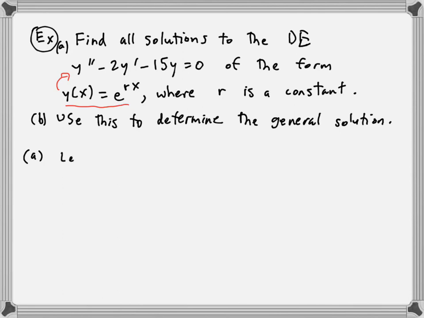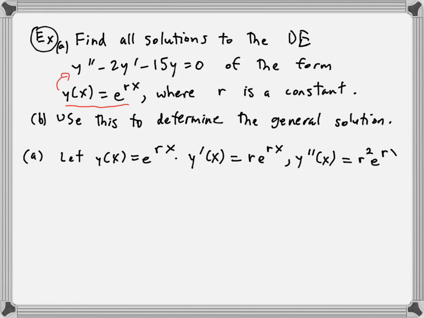So let's suppose that y of x is equal to e to the rx. What would y prime of x be? Well, we're taking a derivative, so it's r e to the rx. And what's y double prime equal to? It would be r squared e to the rx, right? Just because taking derivatives is quite simple when it comes to these guys.